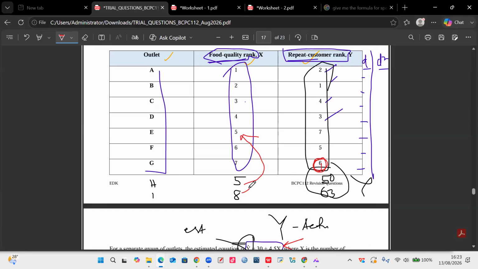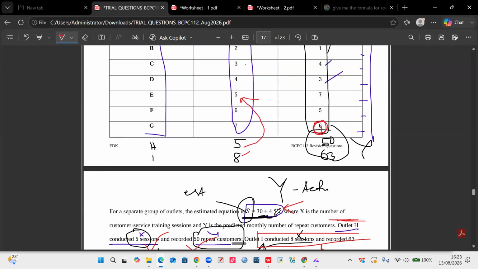But we are using both because look at the values of the Y. This is 2, this is 1. And in fact, even if we insert the X values into the equation, they will still give us negatives.